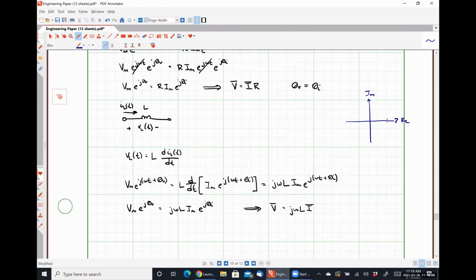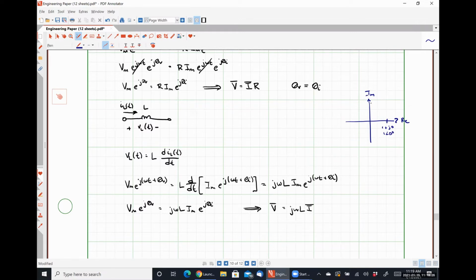If we go out 1 unit in the positive real direction, expressed as a rectangular number, that is 1 plus j0, or, expressed as a polar number, 1 angle 0 degrees.